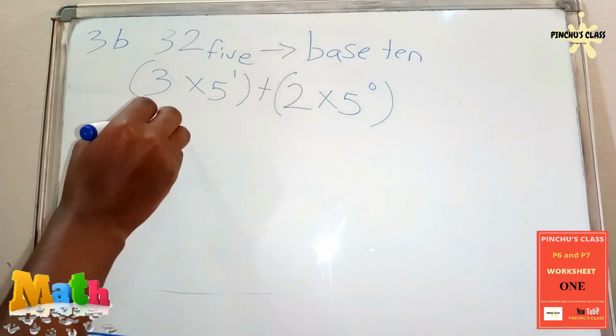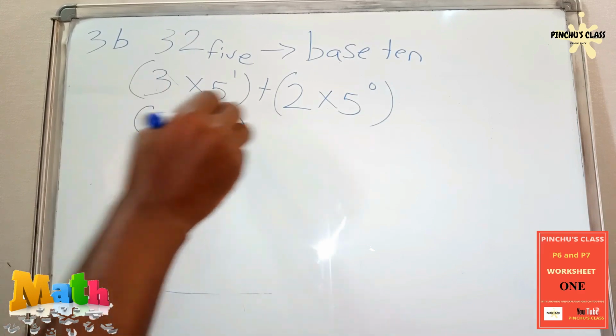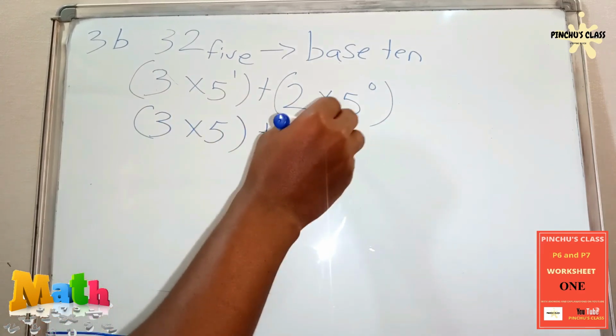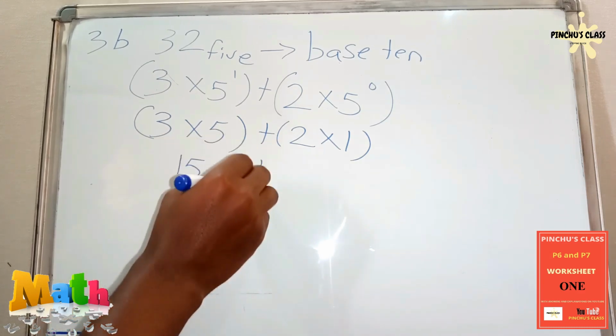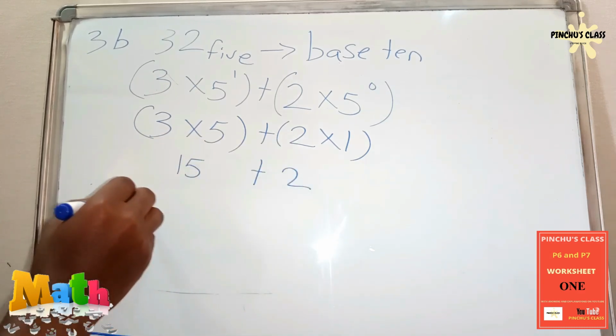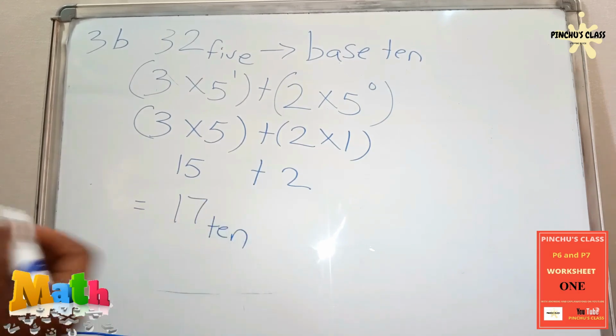Now this is the same as saying 3 times 5 plus 2 times 1, and this will give us 15 plus 2. Therefore, our answer is going to be 17 base 10.